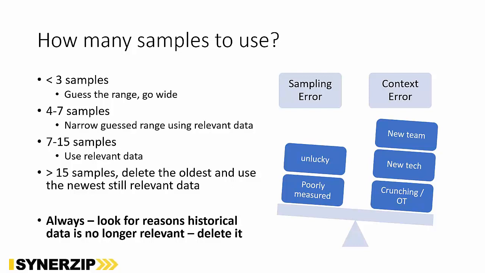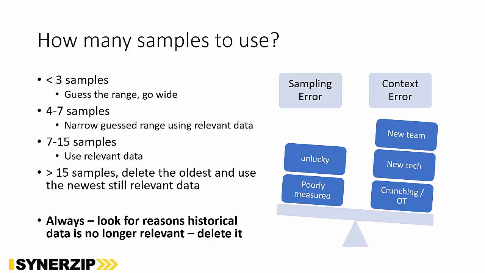Now, what I do is, with less than 3 samples, I use an educated guess to guess the range of the rate that we're going to be delivering work in the future. Once I start getting 4 to 7 samples of historical throughput or historical velocity, I start using the data to refine the range of what I saw. And above 7 data points, I always just use the data, but I'm really careful about what data I use.